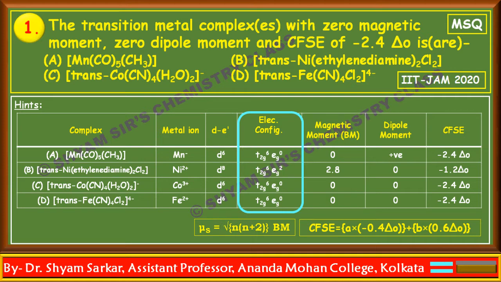If you calculate the magnetic moment from this electronic configuration, you will get 0 for the first, 2.8 for the second, 0 for the third, and again 0 for the fourth complex. Now if you see the dipole moment of these four complexes, the first one is positive and the rest are 0, because all the other cases are trans complexes, so the dipole moment will be 0.